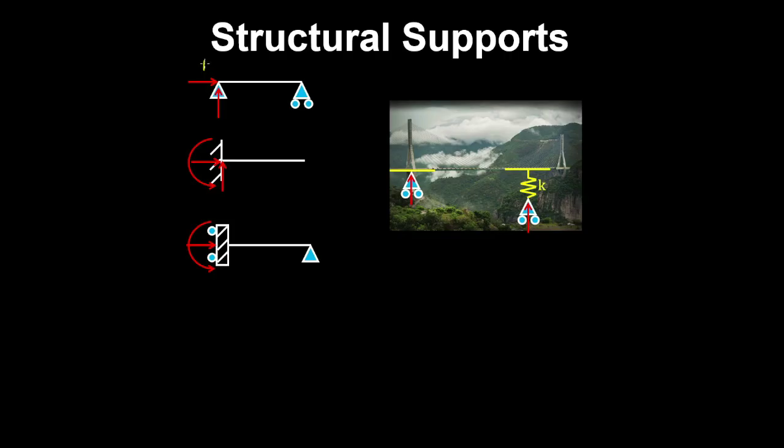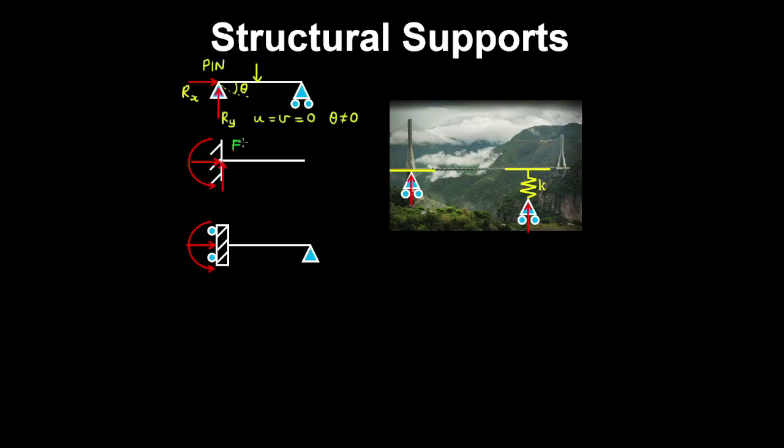So this first support is a pin or hinge, and suppose this body is loaded, then this will produce reactions in the vertical and horizontal direction to resist translation, and effectively the horizontal and vertical displacements at the pin are zero, but the pin allows rotation. So therefore translation is fixed, but rotation is permitted by the hinge.